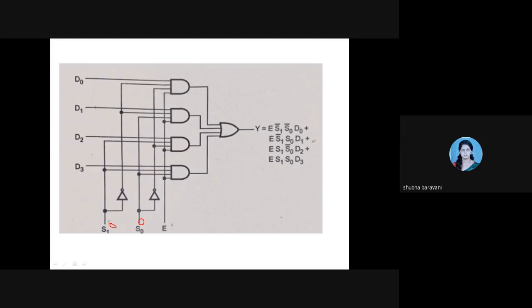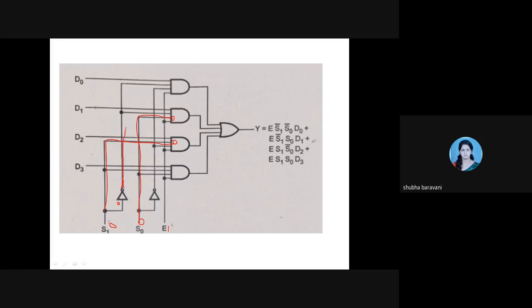Okay. So what happens? See, S1 is 0, it is coming up till here. S0 is coming here, touching this second AND gate, this is 0. Okay. Enable, no doubt, it has to be 1 for the IC to be in the active state. Now, when S1 is 0, it gets inverted and you get a 1 here.